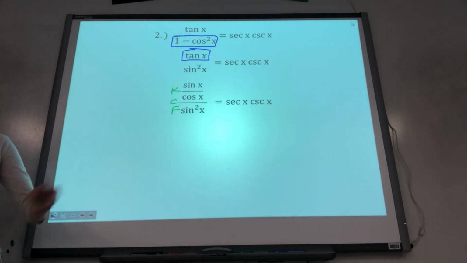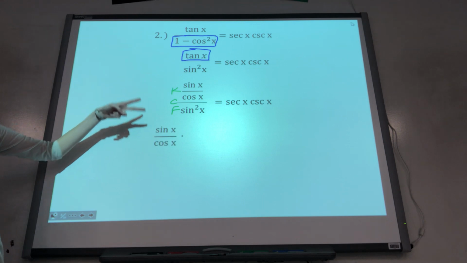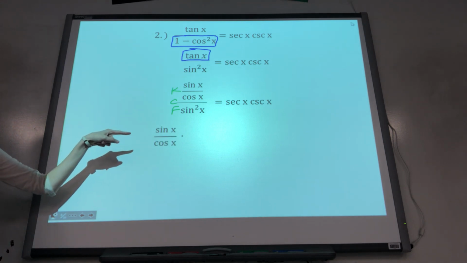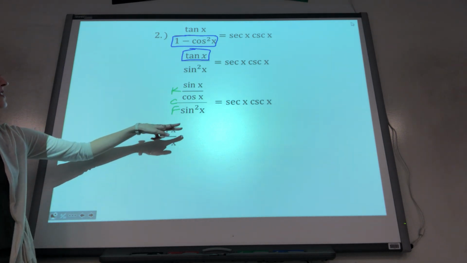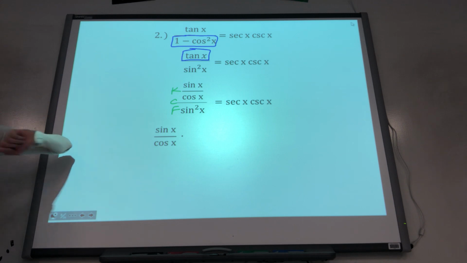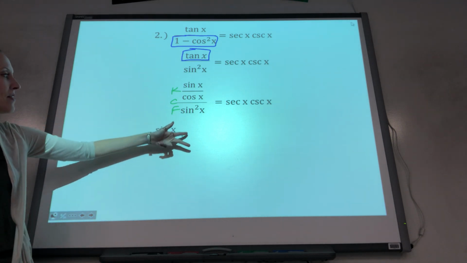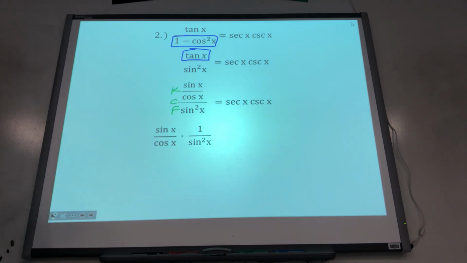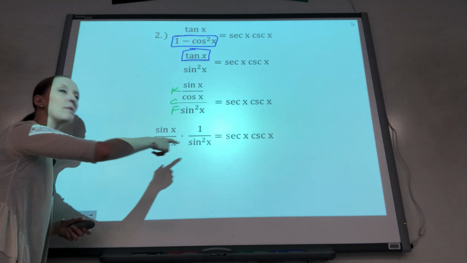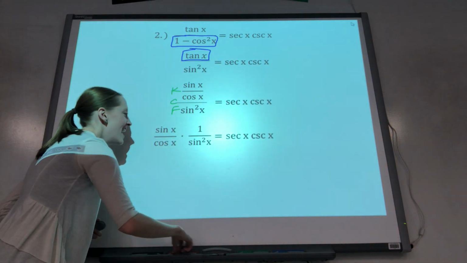Keep, change, flip. I'm going to keep sine of x over cosine of x, change it to multiply, flip sine squared. If you flip that over, it'll be like a 1 over sine squared of x. Keep the right side, bless you.